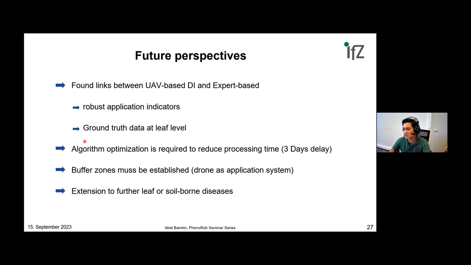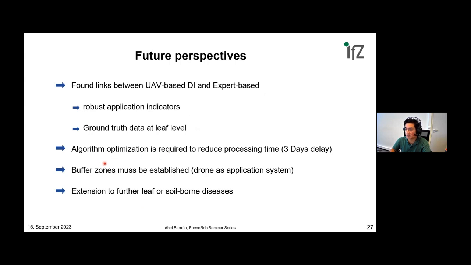And maybe in that way we will need a next level of ground truth. We are trying to establish a protocol of sampling leaves in the field and see if the disease already is there, or maybe how less sensitive the drone is for detecting a diseased unit or not. These are aspects that we still have to cover in a more detailed way.